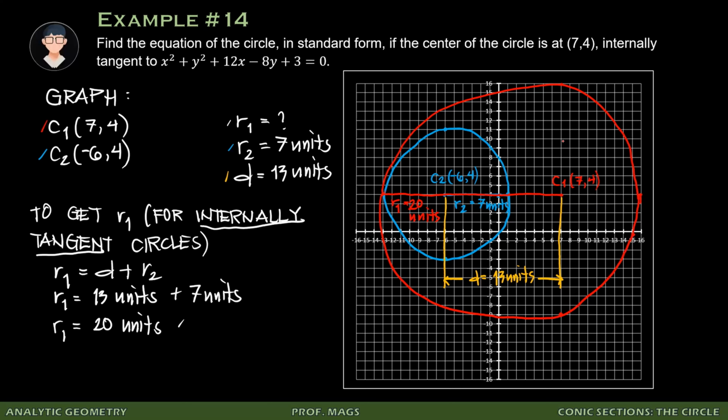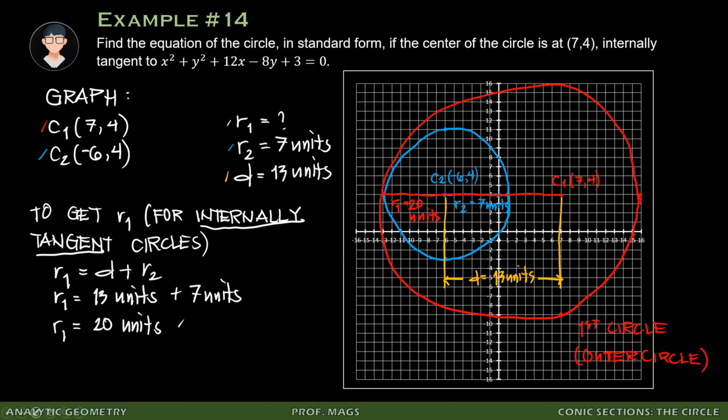As you can see, may na-form na tayong internally tangent na circle. Okay? Again, yung ating red na circle, that will be our first circle, which is also our outer circle.